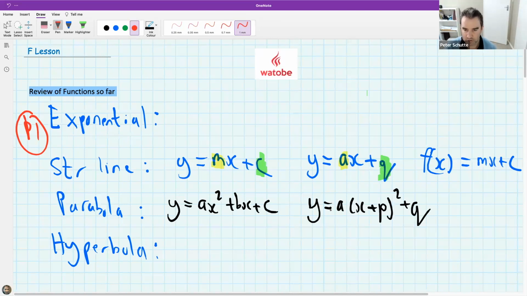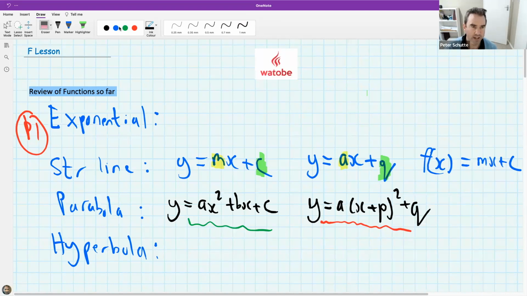You can go between these two methods, but sometimes the question will have something like this, and sometimes it'll have something like this. It's important that you don't get overwhelmed by that and know they are the same thing. And in this case, the important bit is the p and q relate to the turning point.